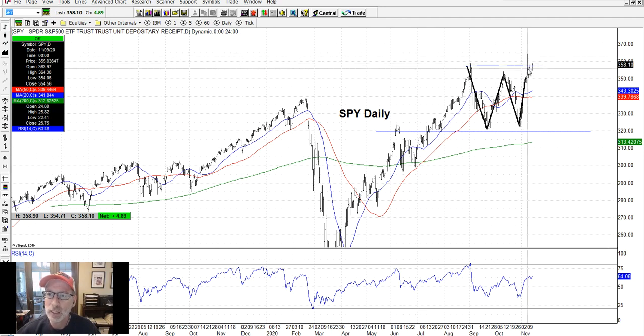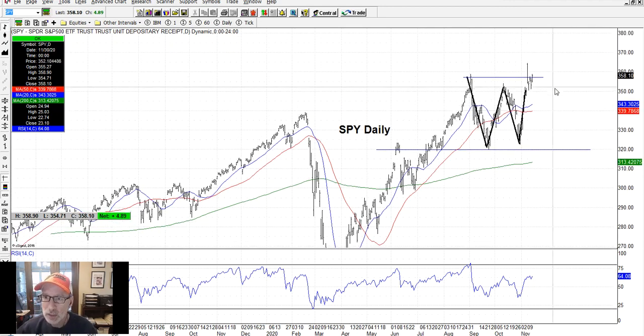And then we spent the rest of the week with that initial burst getting sold back down, and we kind of meandered around. This week was a very tight trading range week. Small movements once we came back down, the range was very tight. And yesterday, Friday the 13th, you can see the SPY just finished above the resistance line.